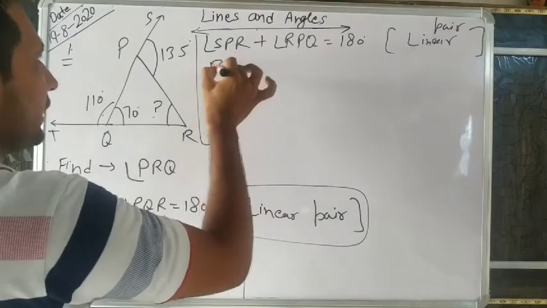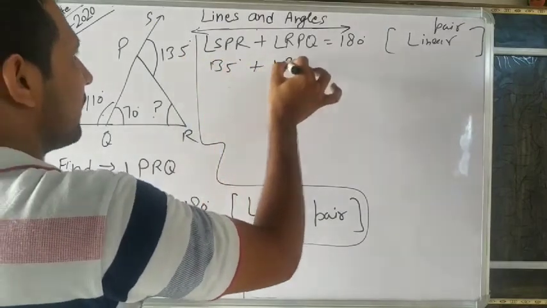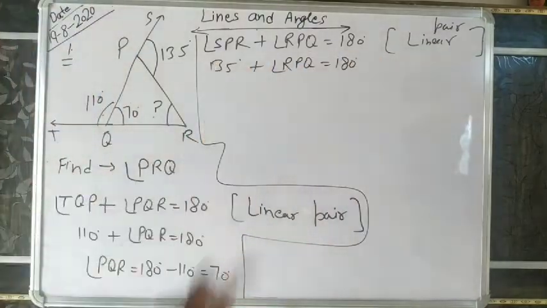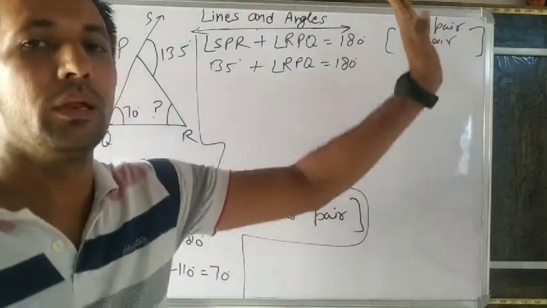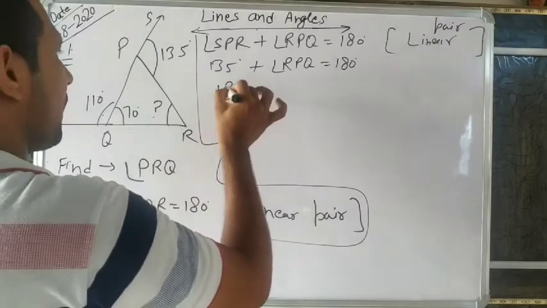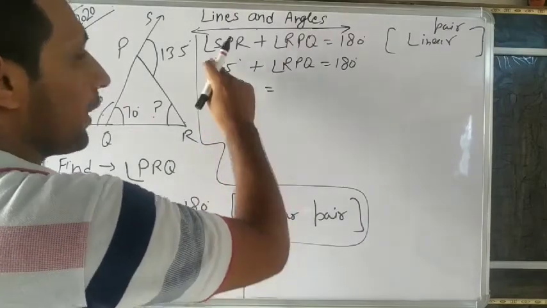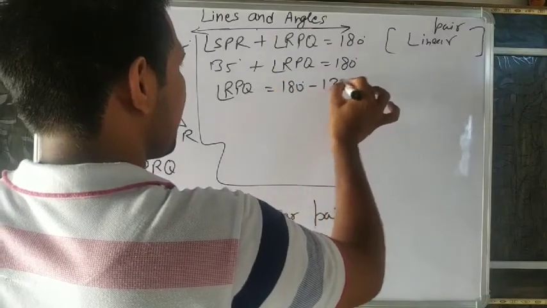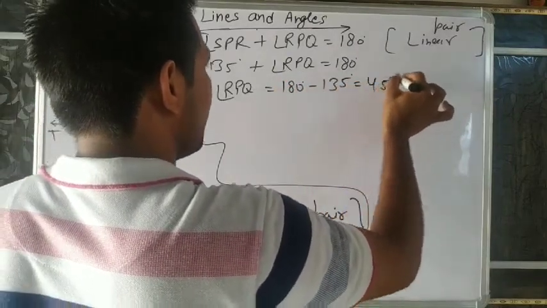SPR 135 degrees plus RPQ is 180 degrees. 135 is positive here, on the other side it becomes negative. So RPQ equals 180 minus 135. How much remains? 45 degrees. Yes.